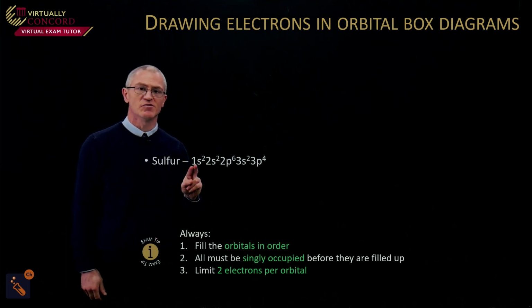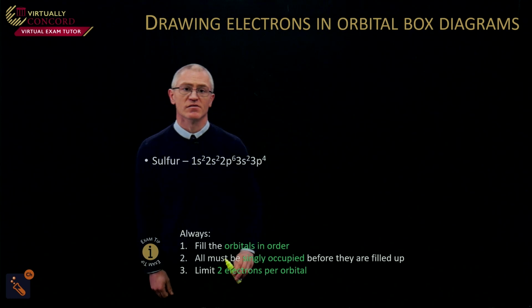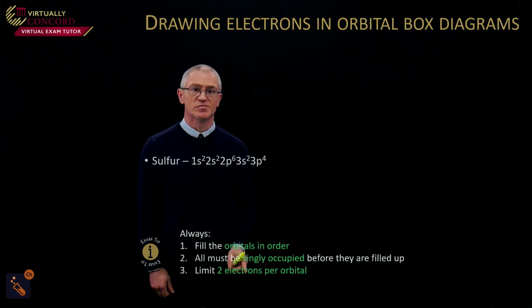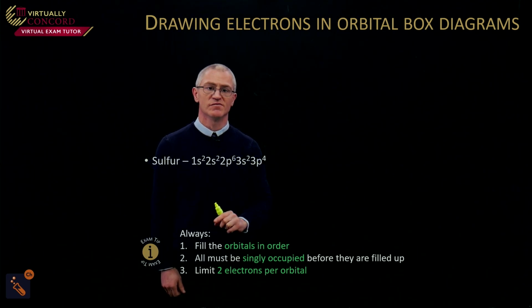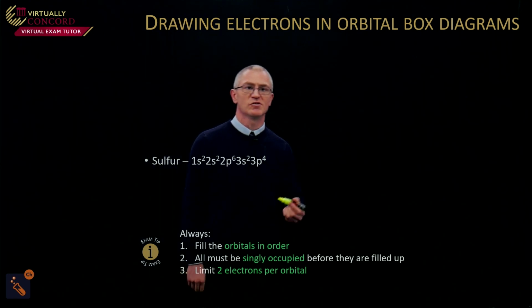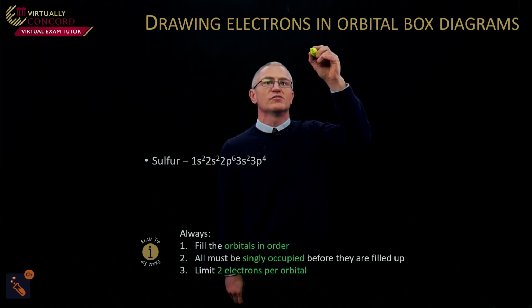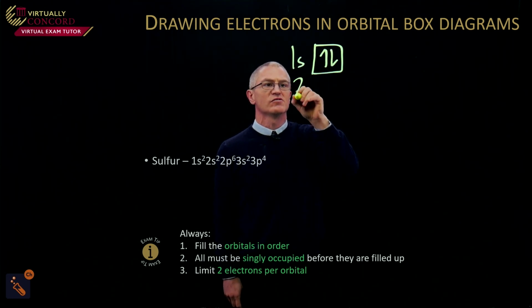You see with sulfur, we're going all the way from 1s all the way up to 3p4. Okay, remember we must follow our rules, fill the orbitals in order, so we'll fill 1s, then 2s, then 2p, then 3s, then 3p4, and we'll singly occupy them within these shells when we do it. So what we'll do is we will draw our first one, that's 1s, and then we'll go to 2s.